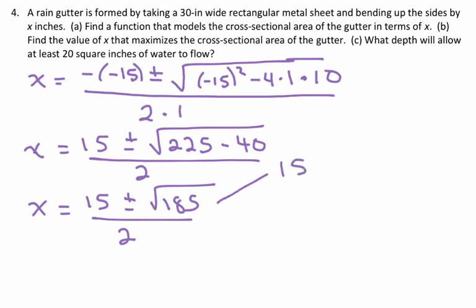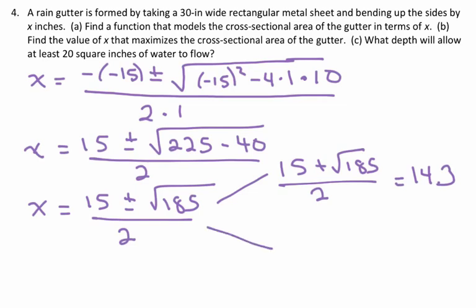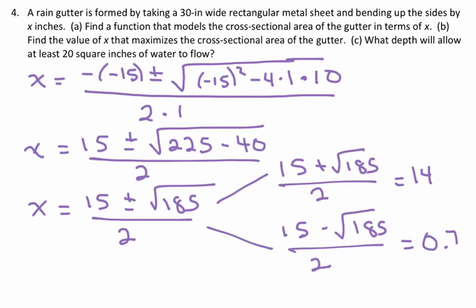One with 15 plus the square root of 185 over 2, which is 14.3. And the other with 15 minus the square root of 185 over 2, which is 0.7. So those are our two values.